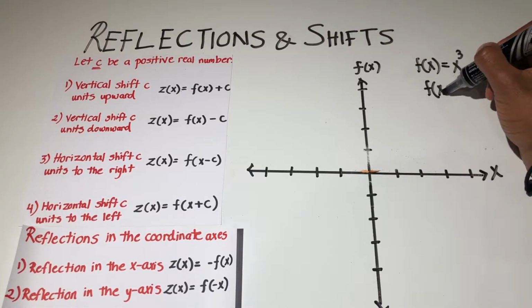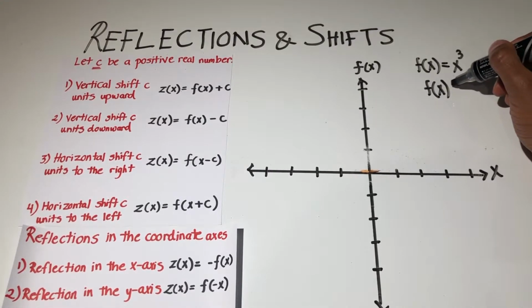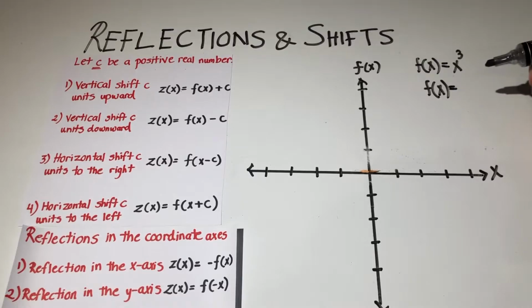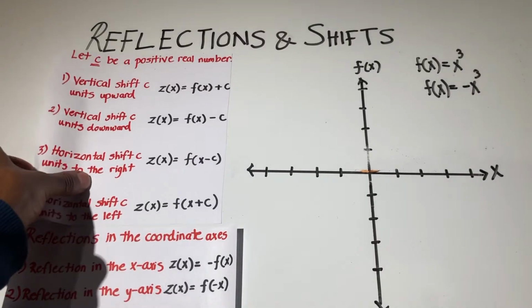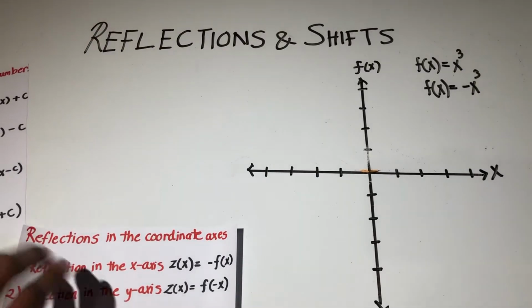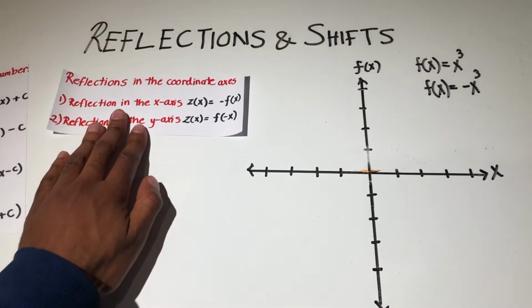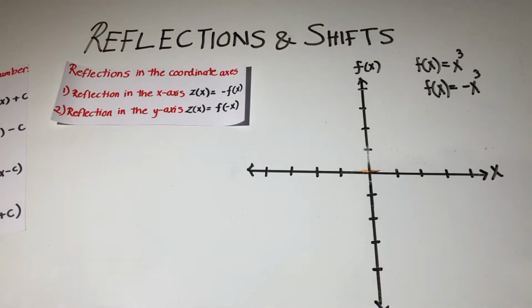Now, if I were to reflect this along the x-axis, all I got to do is just add a negative here. Now let's construct a table of values for both functions. I'm going to move this here to the left. I'm going to push this up here.